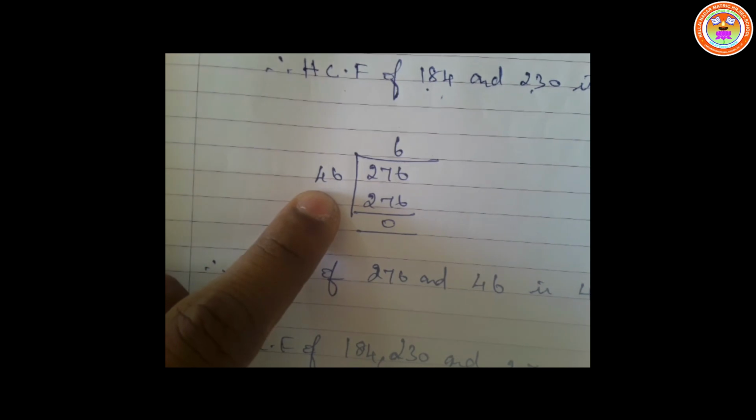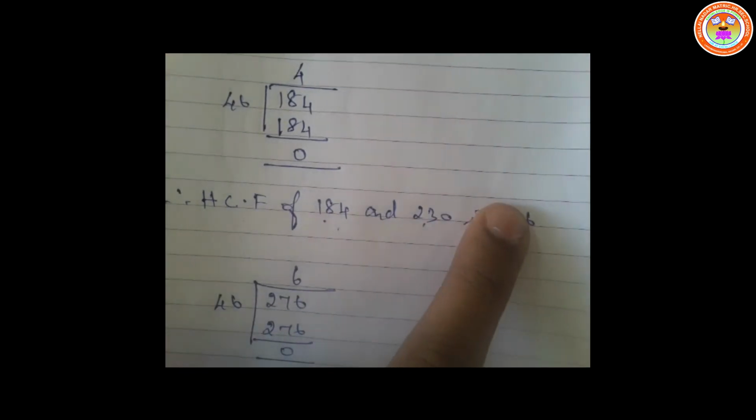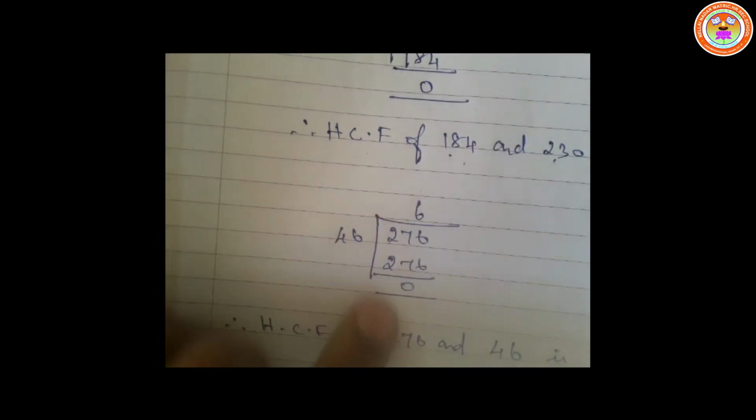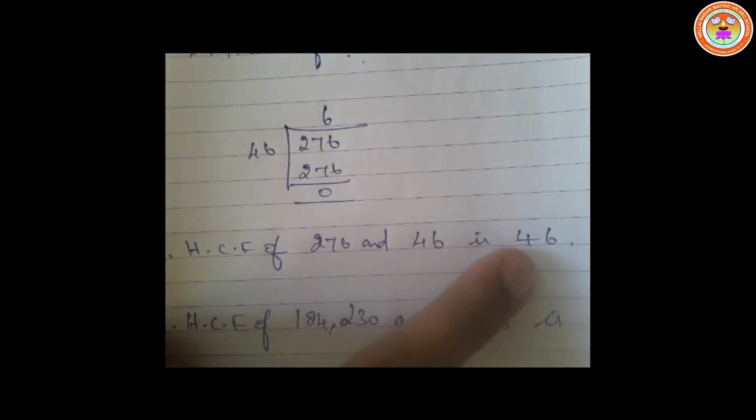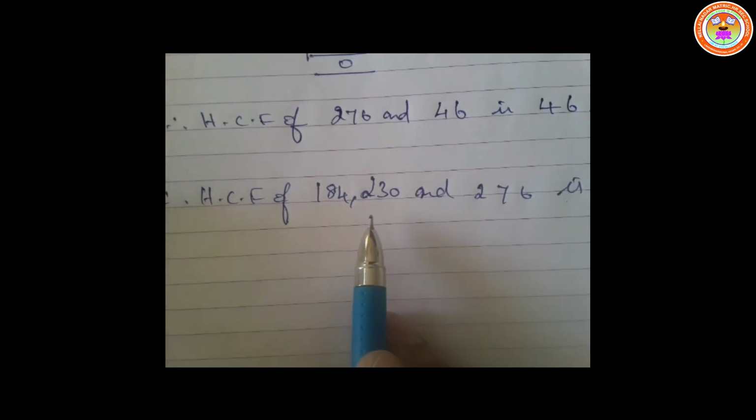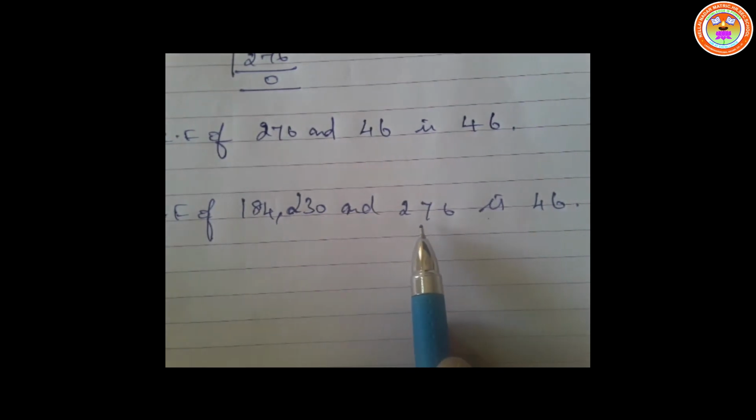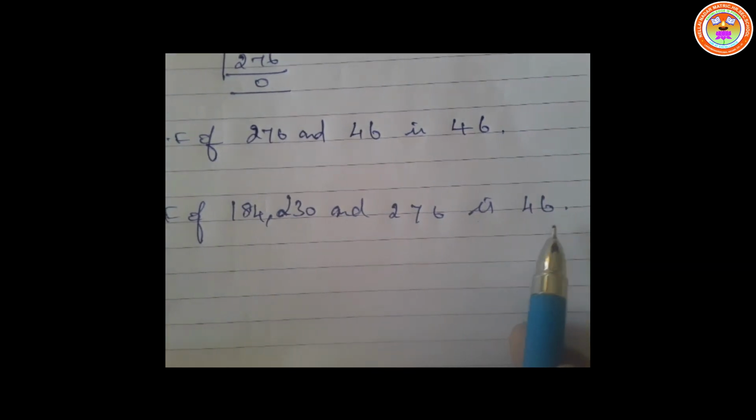So divide with this HCF. If you divide it 6 times, in the first division itself we get 0 as the remainder. Therefore HCF of 276 and 46 is 46. Now from these two answers we conclude that the HCF of 184, 230 and 276 is 46.